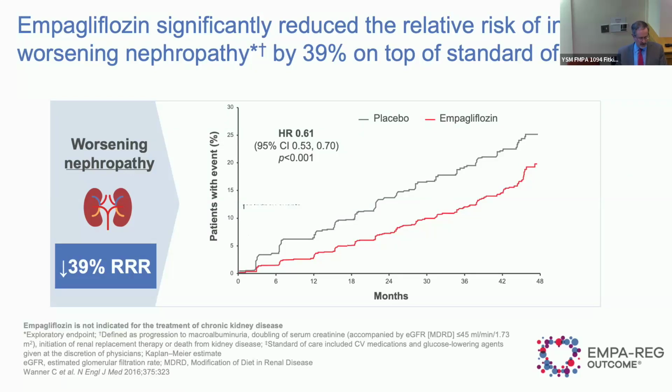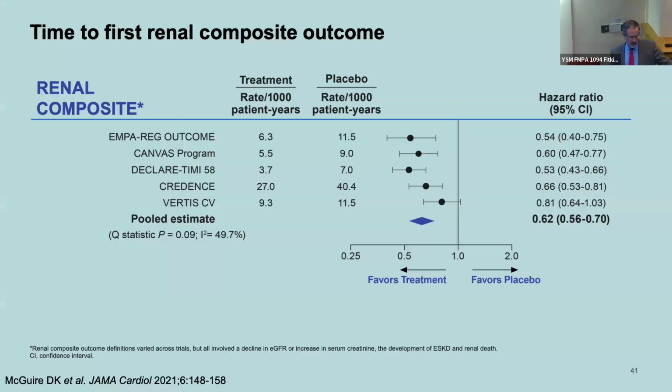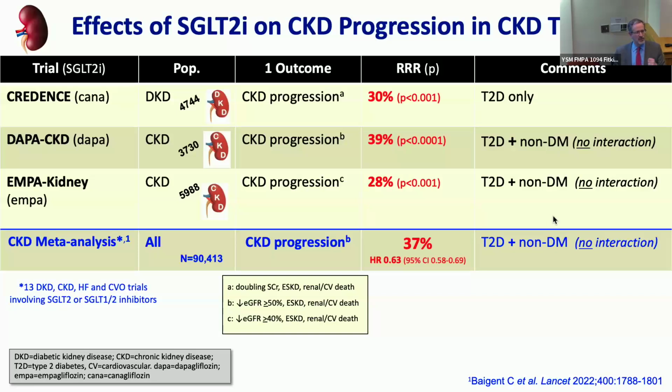It changes from study to study, but other SGLT2 inhibitor trials showed the same thing, or most did, and the average hazard ratio was 0.62, so a 38% reduction. Nephrologists came on board and started doing CKD trials, including both diabetic and non-diabetic patients, and guess what? They found the same outcome.